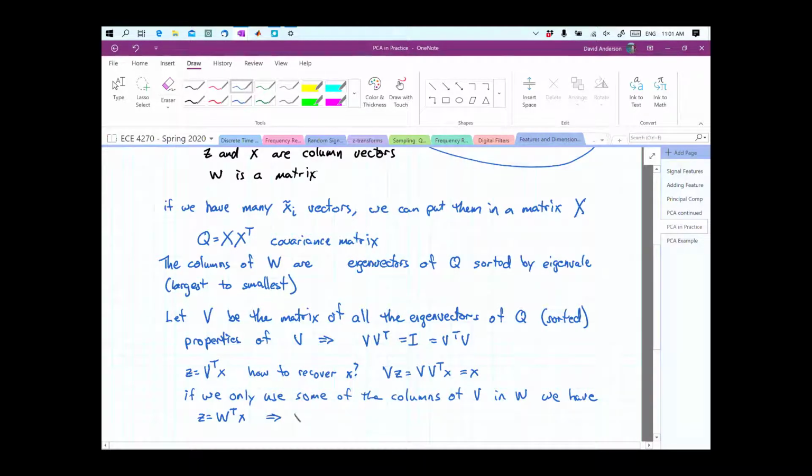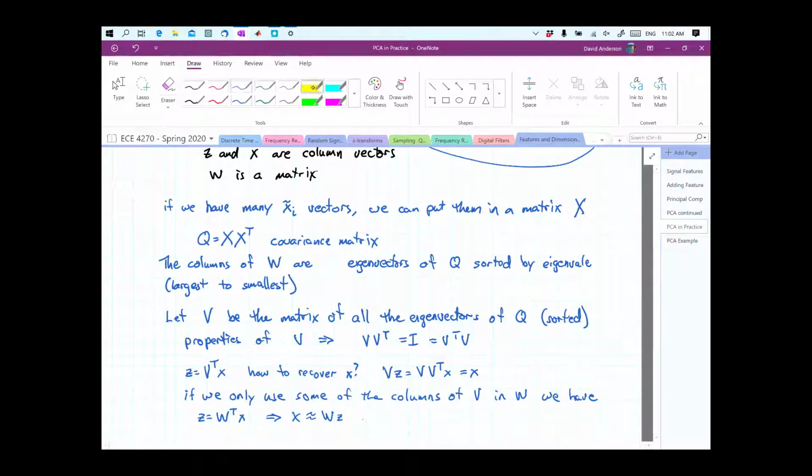What we get is x approximate, and I'm just going to say x approximately equals W times z, where once again W does not have all the columns.